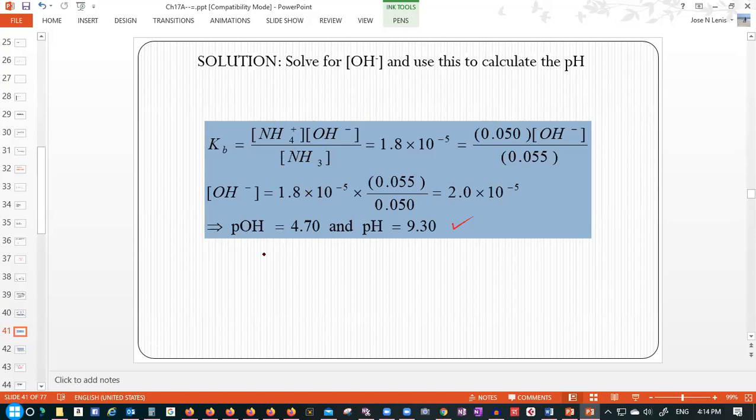From here, remember we were solving for the concentration of OH minus, which equals Kb times the concentration of, let's put it in general, the concentration of the base over the concentration of the conjugate acid.